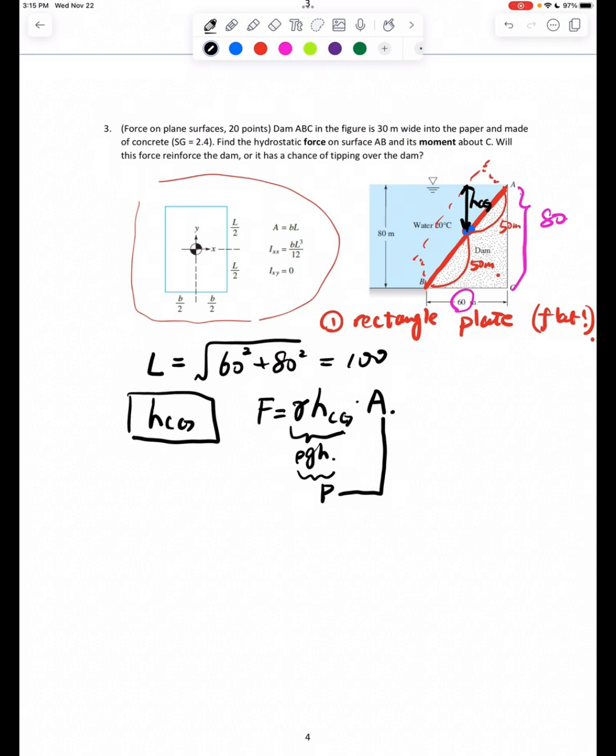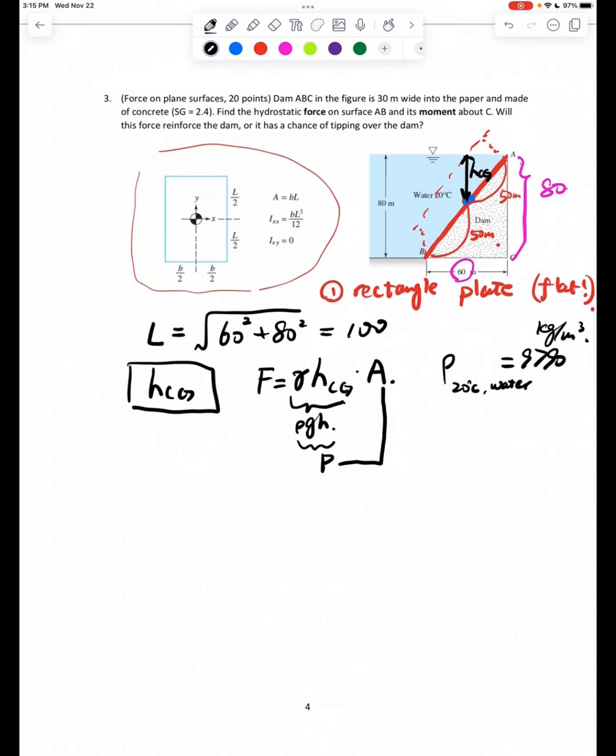The density of 20-degree water equals 9790 kilograms per meter cubed. You can also use 1000, it won't matter a lot. Then this HCG, because this is at the middle, HCG should equal half of this.